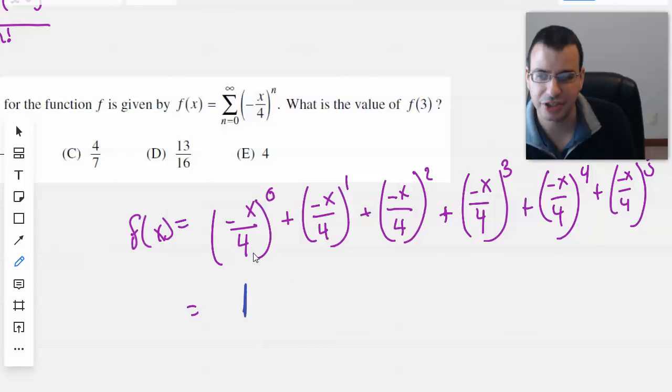So simplify this. This is 1 minus, and then we're plugging in 3 for x. So minus 3/4.